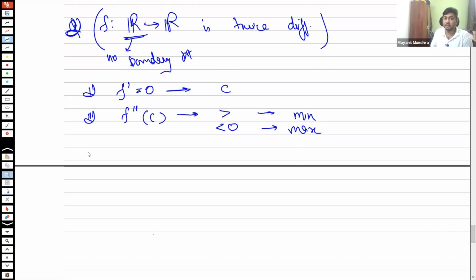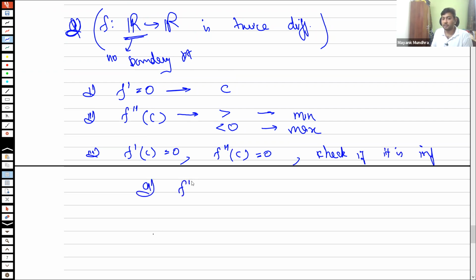So step 3: f prime at C is 0 and f double prime at C is also 0. So check if it is an inflection point. In this case, you can get 3 cases. First, f double prime at C plus times f double prime at C minus is negative, which is basically to the left and to the right, f double prime is changing its sign.